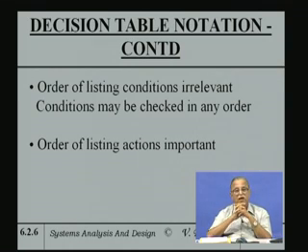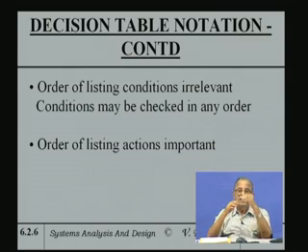A very important point about decision tables, which makes them non-procedural and also makes them somewhat simpler to understand and later on to process by computer to detect ambiguity and so on, is that the order of the conditions is irrelevant. That is, conditions can be tested in any order.